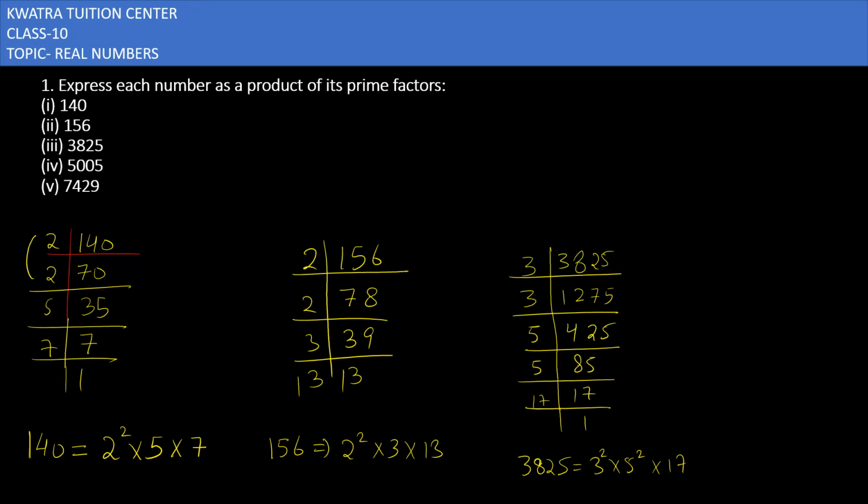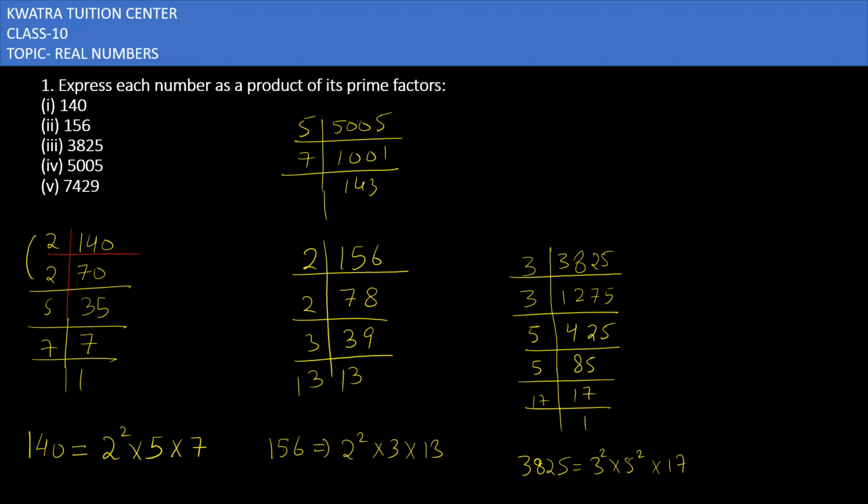Now the next one is 5005. So you can clearly see that 5005 will be divisible with 5 first of all, then it will be 1001. 1001 is divisible with 7, so it will give you 143.